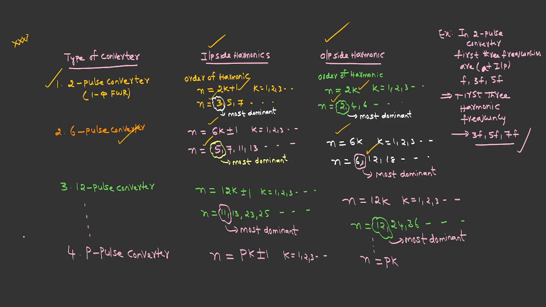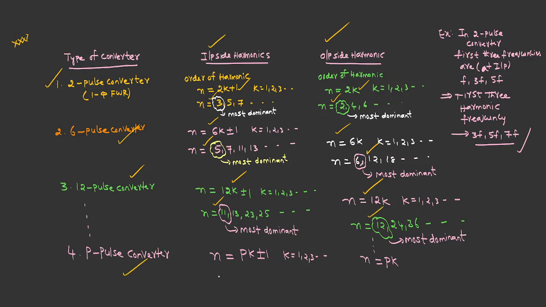Important observation, students. In a 12-pulse converter, what are the input side harmonics? 12k plus or minus 1. What are the output side harmonics? 12k. Which is the most dominant harmonic in a 12-pulse converter at the input side? 11th order. Which is the most dominant harmonic at the output side? 12th order.